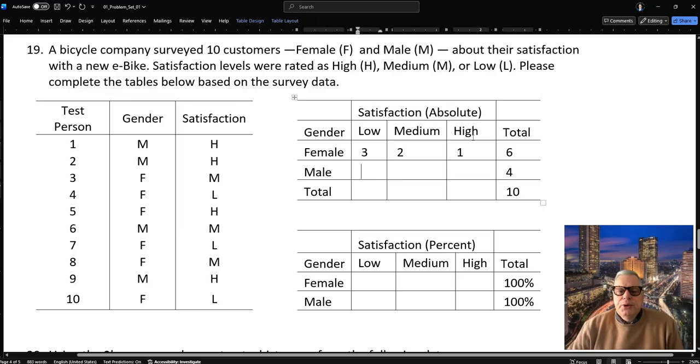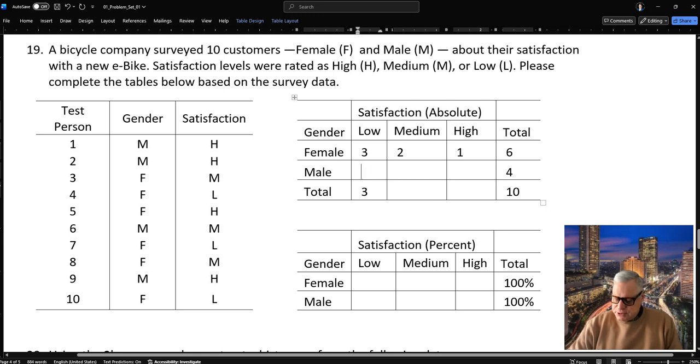So now let's turn to the males. We can do it manually again, but we can also just count the lows. How many lows do we have? 1, 2, 3. So they all must come from the females.